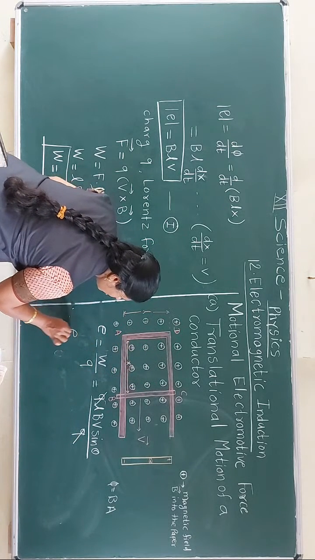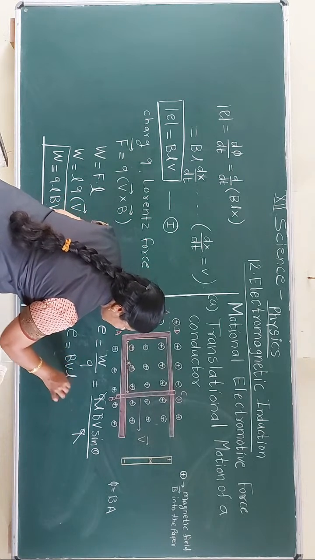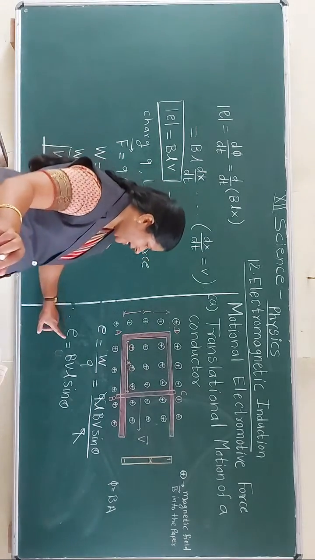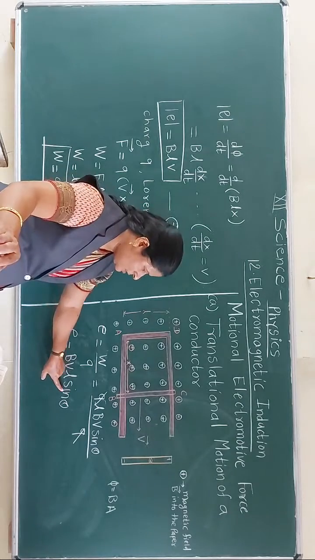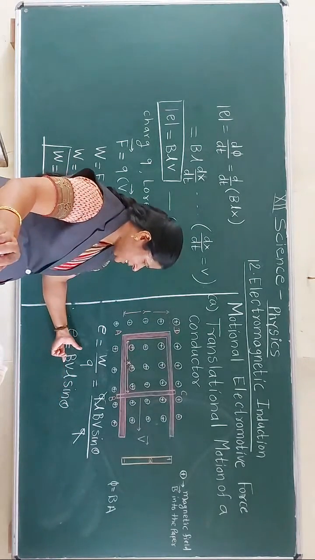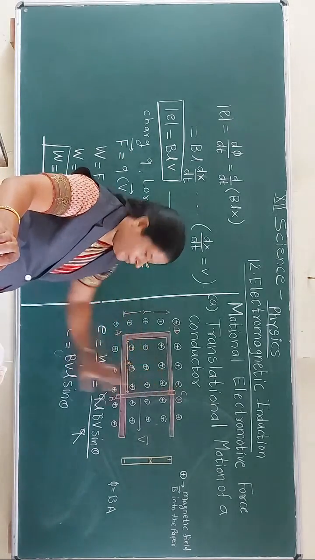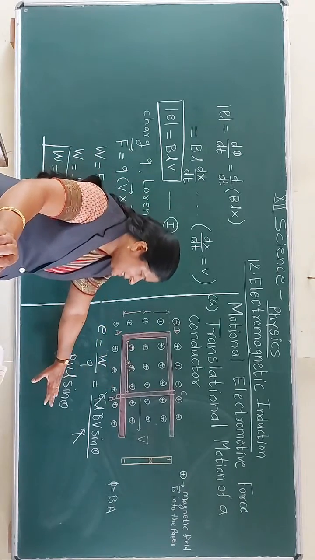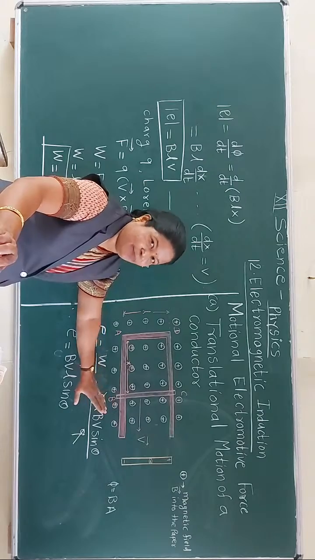So we get the value of E is equal to B V L sin theta. B is the magnetic field, V is the velocity of this side BC, L is the length of that side, and theta is the angle between them.